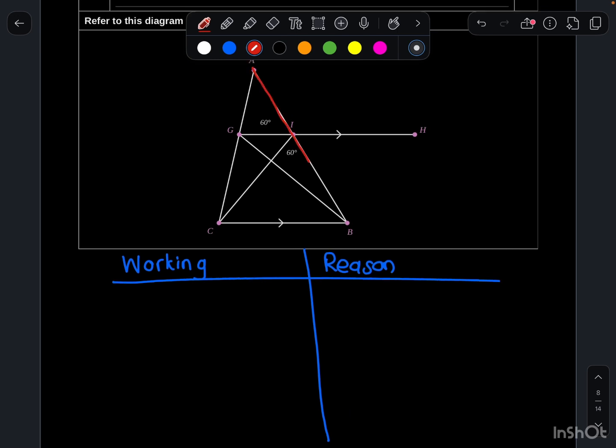We did a backwards, upside down F. We said this angle in there is equal to this angle in there. So we said angle B is equal to 60 degrees because of corresponding angles. And then it's good practice to give the parallel lines. So GH is parallel to CB.